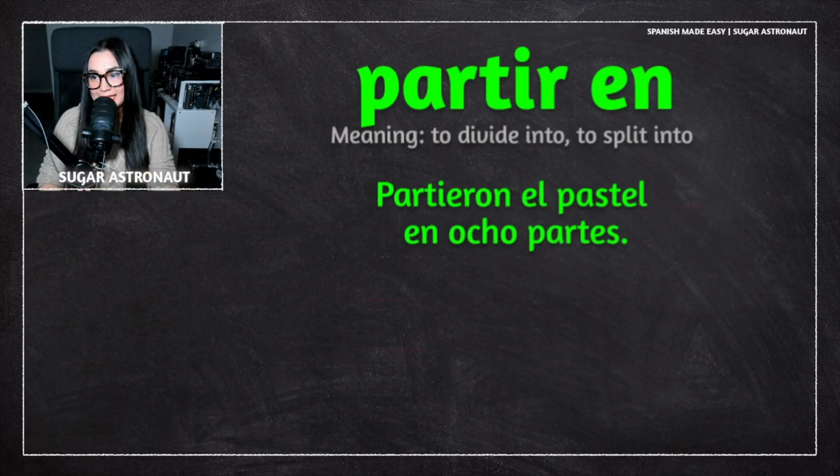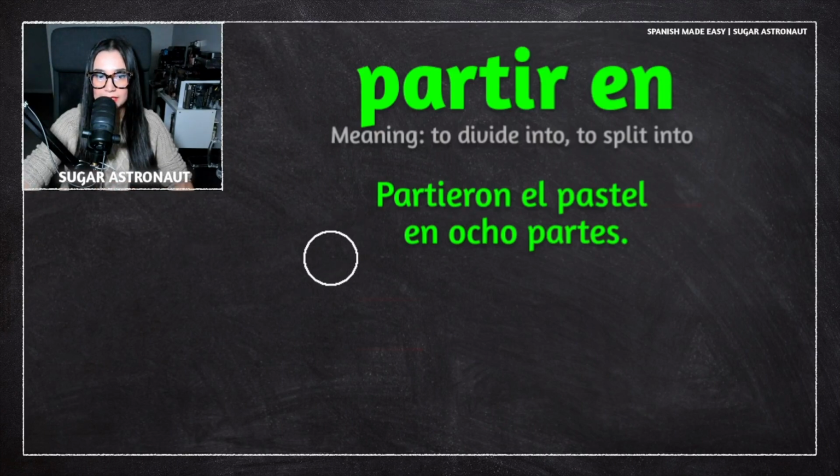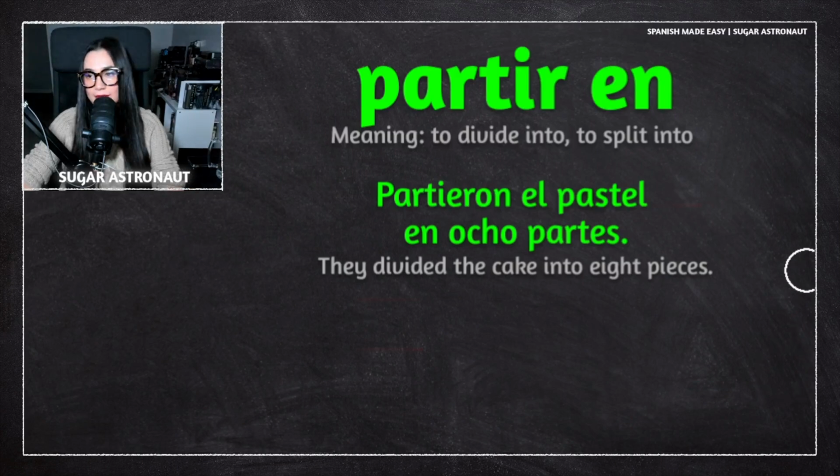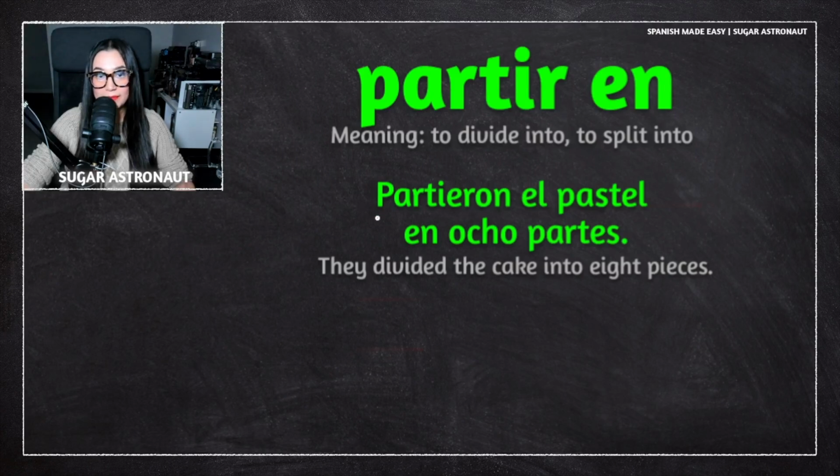Partieron el pastel en 8 partes. So let's see the meaning of this sentence. They divided the cake into 8 pieces. So this is a very easy example, pretty basic, but it's important to know how to use this phrase. And yeah, even though it's basic, it's very important. It's an important phrase to learn.